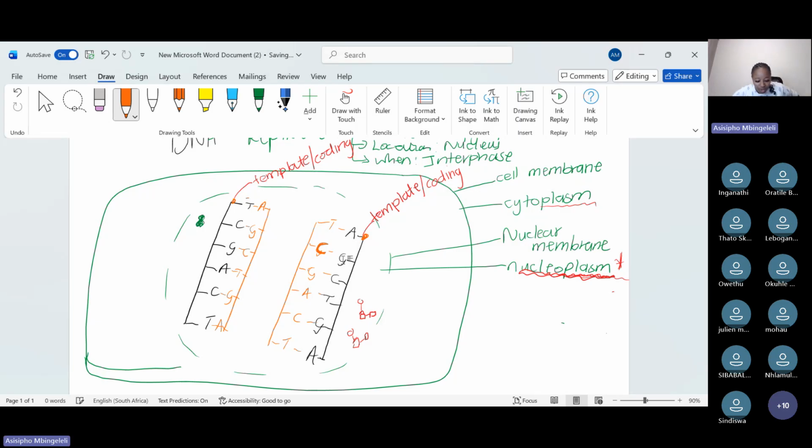Now, I used the color orange for my new strands here. The strands that are formed using the free DNA nucleotides, and these strands have bases that complement the exposed bases. These strands, we call them complementary strands.